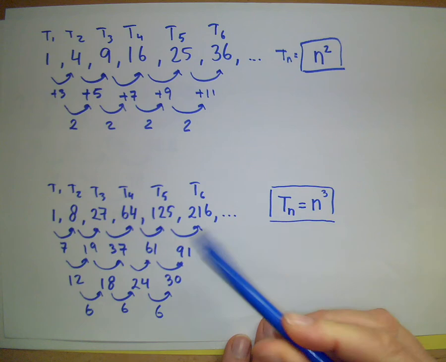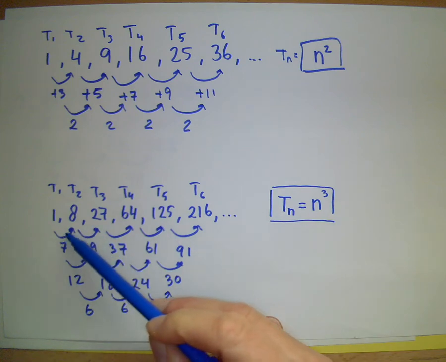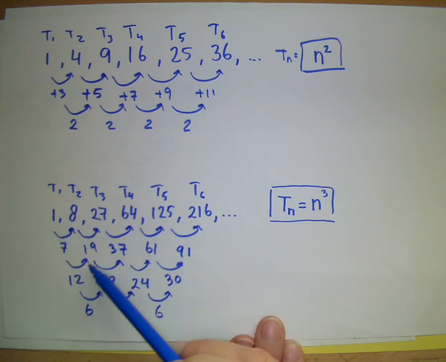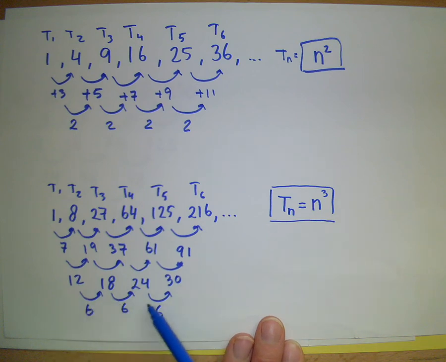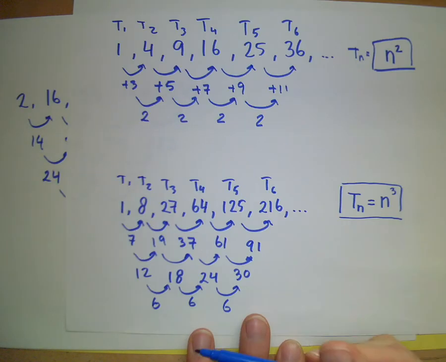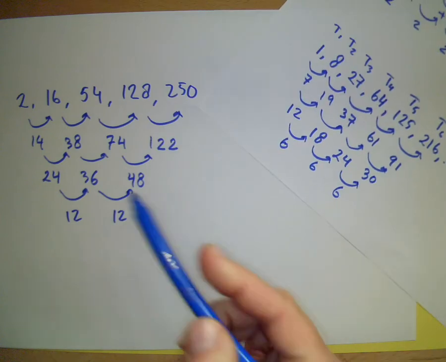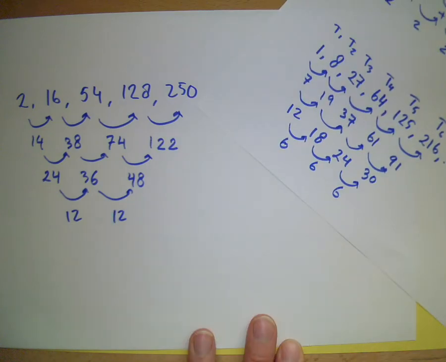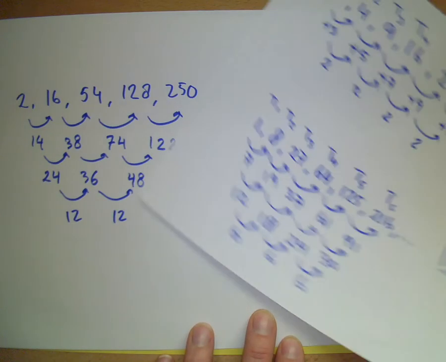See, n cubed. We found the differences. They were not the same. We found the differences between the differences. Nope, still not the same. Then we found the differences between those differences, and they were the same. They were 6. Here they are 12. Let's see what kind of effect that has.